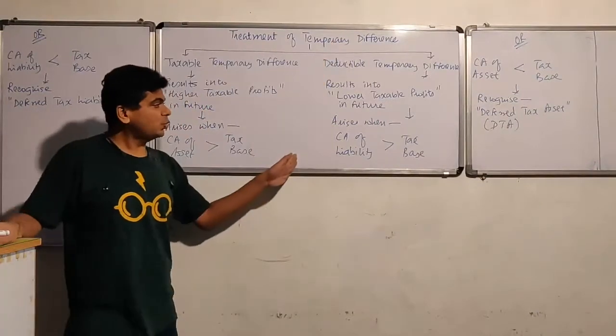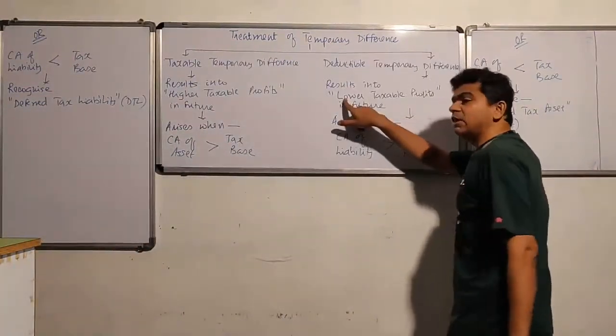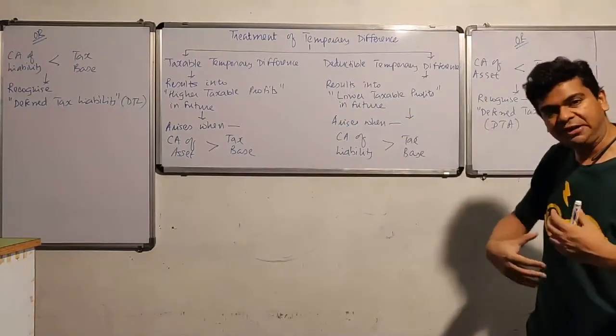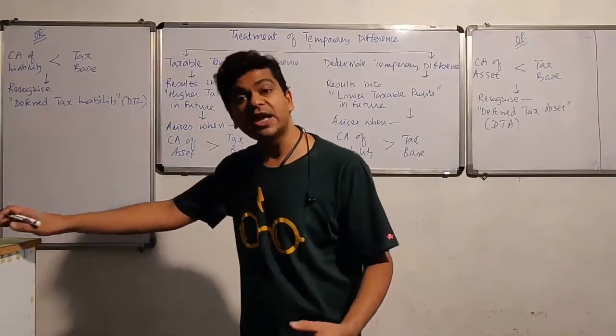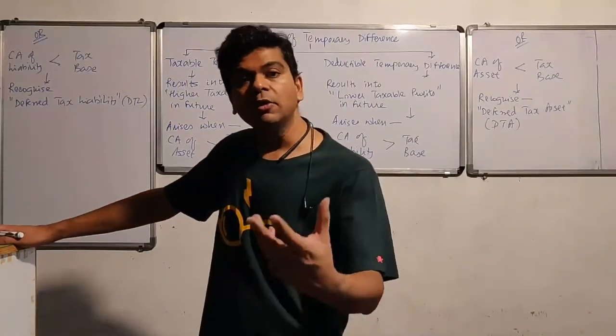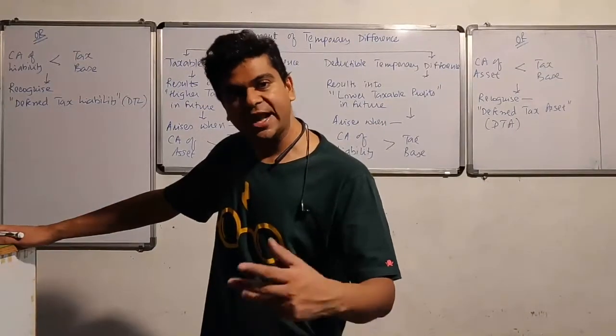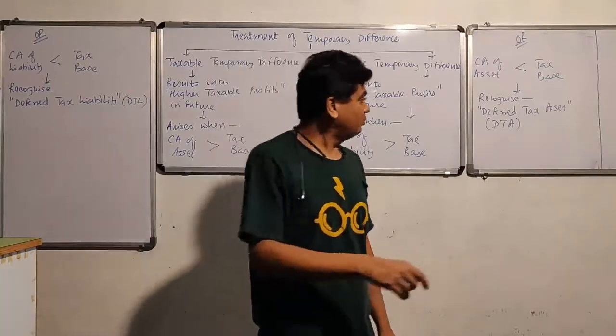While this is a situation where in current year I will pay more tax, but in future I will pay less. So it's a benefit that I am going to get. See, if in future I am supposed to pay less tax, that means I will save tax. Tax is a cash outflow, so I will save cash outflow. Saving a cash outflow is as good as a cash inflow. Cash inflow is nothing but a future economic benefit. Tell me, what is an asset?